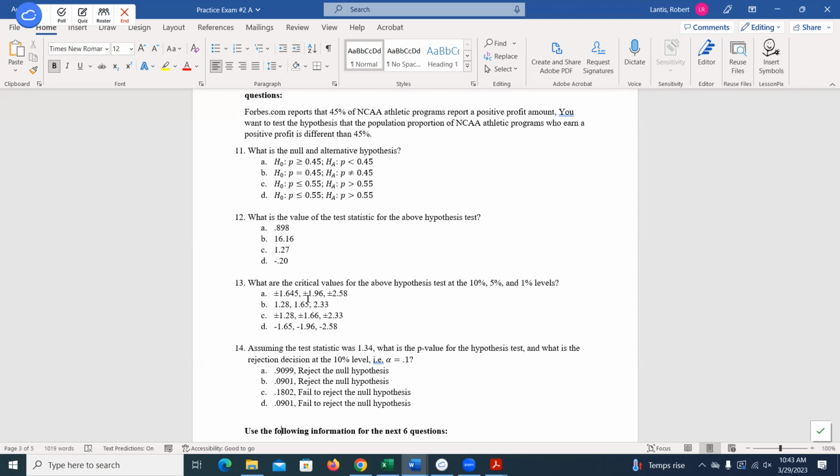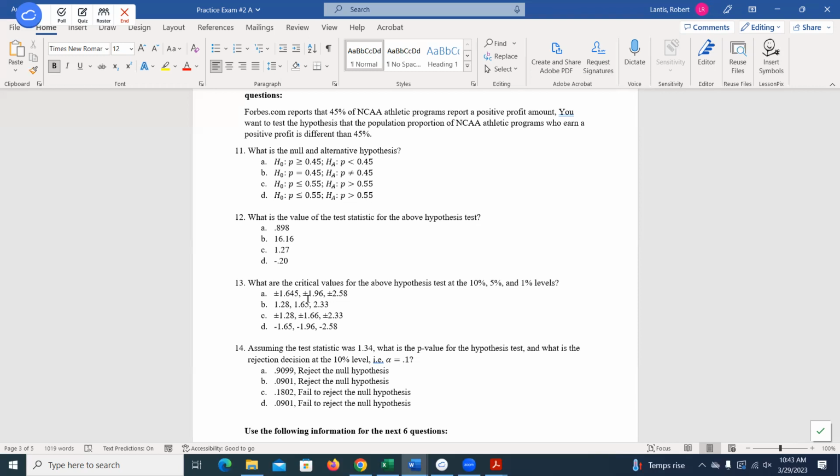Before, it was only one side, since I was assuming greater than or equal to. Here, I'm assuming it's exactly equal to a certain value. So for a two-tailed test, to find my p-value, I need to multiply that area by 2.